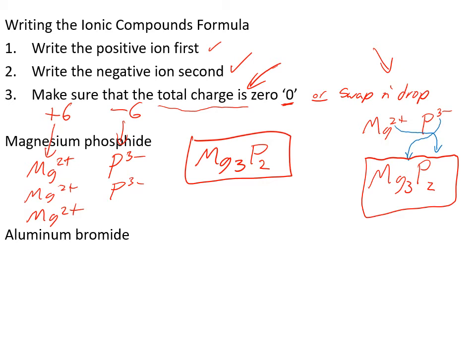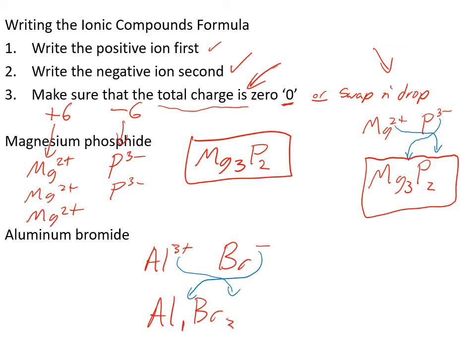So anyways, aluminum bromide. I looked up aluminum: it's 3 plus, and bromine is 1 minus. If it just has a minus sign there, technically there's a 1 in front of it. I'm going to use the swap and drop method, and then we're going to write down a 1 and a 3.